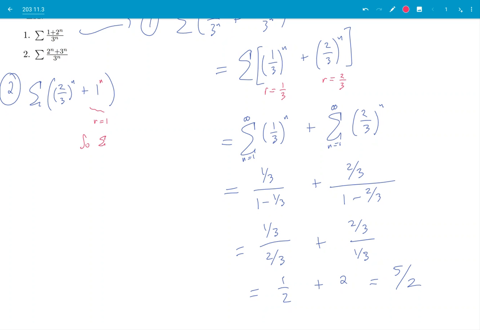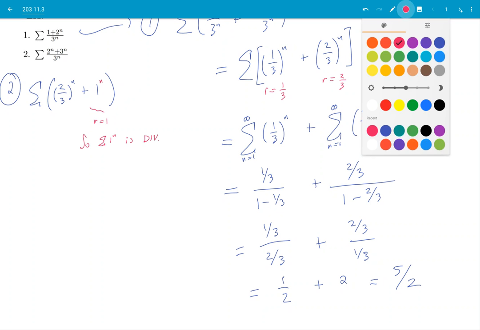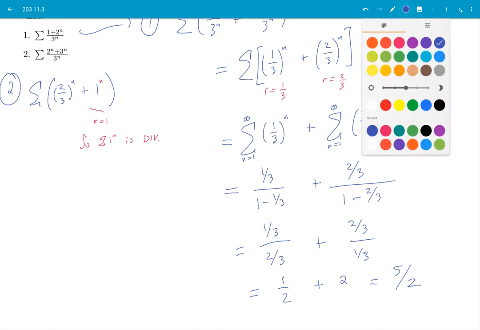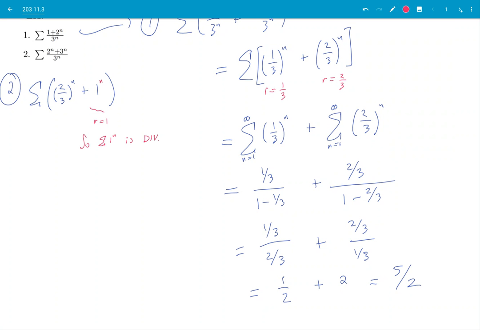So, summation of 1 to the n is divergent. Okay, so I should not be distributing here. Instead, you argue that this is actually plus infinity.